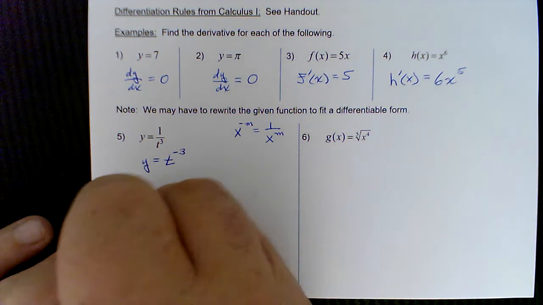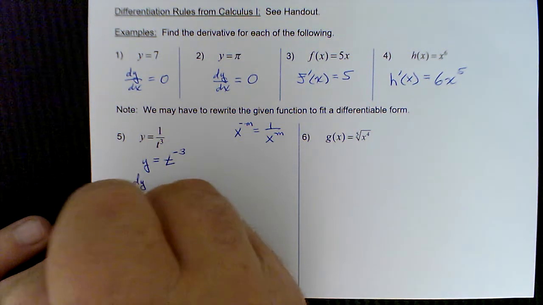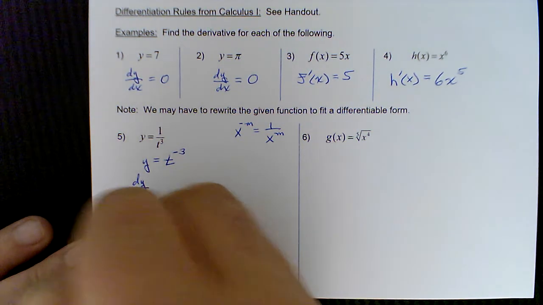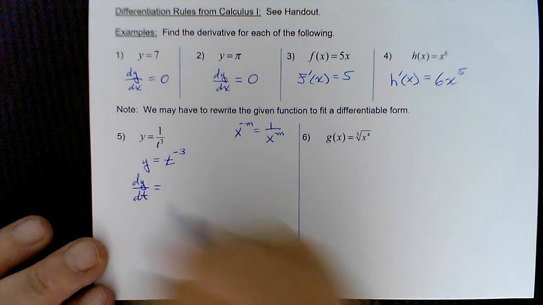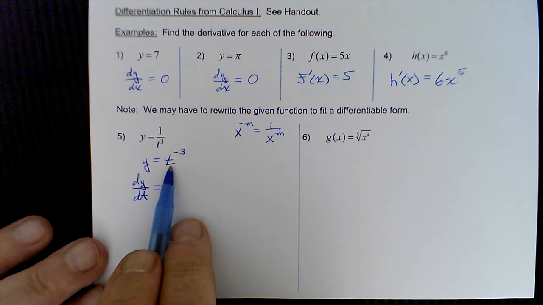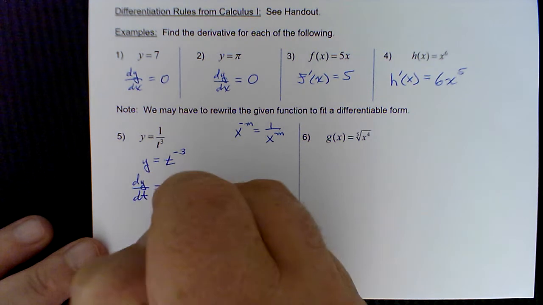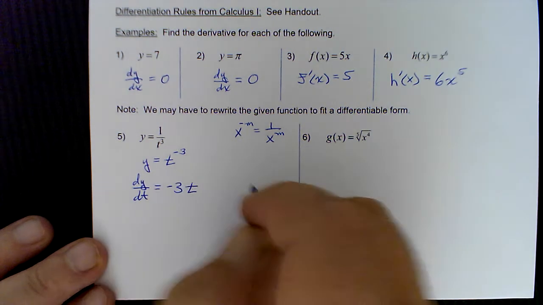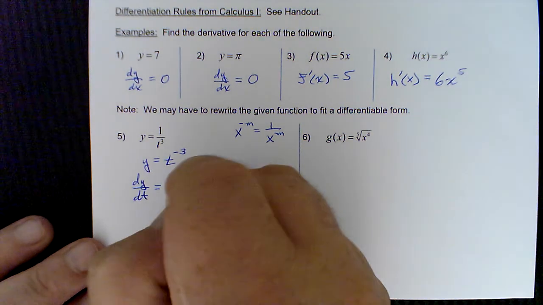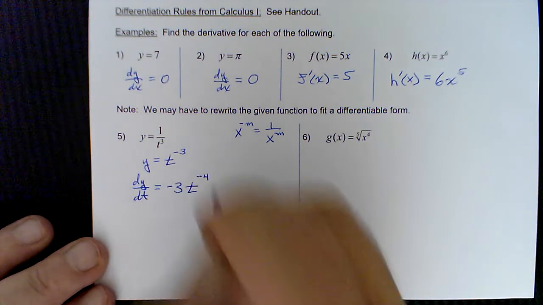And now we could find the derivative. You can call it y prime, but if you're going to use differential notation, this would be dy dt, because t is the independent variable that we're differentiating with respect to. And then the process: swing down the exponent, minus 3, same variable t, and a power 1 less than negative 3 is negative 4.